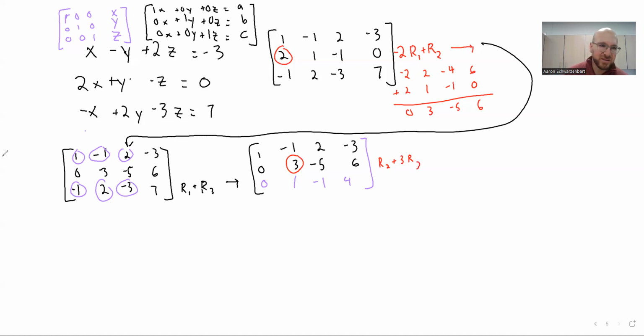No, not +3, -3. I'll make that a -3 while I'm at it too. Guess I erased more than I wanted. -3 R3. So I'm going to fill in the rows that I'm not changing.